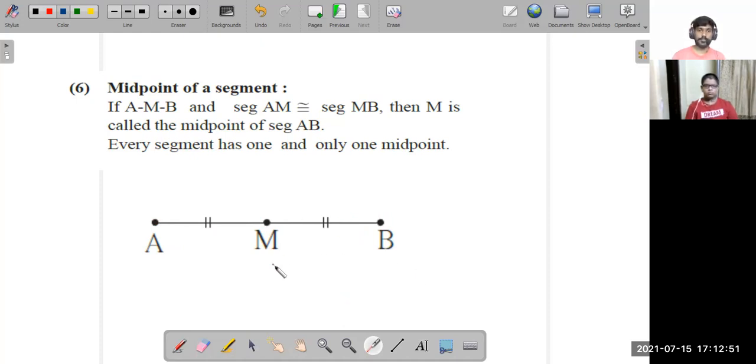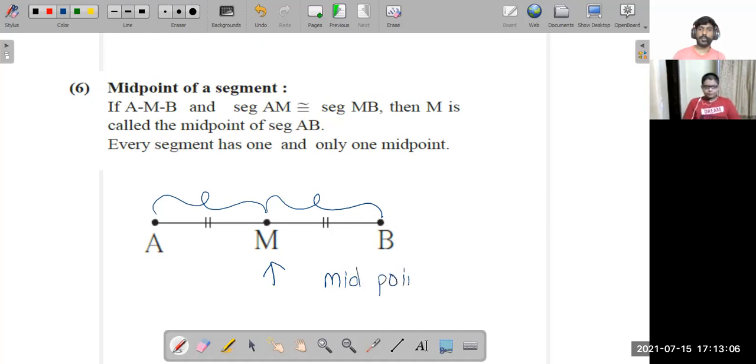That means AM should be equal to MB. When this happens, you say that M is the midpoint of segment AB. Is this clear?